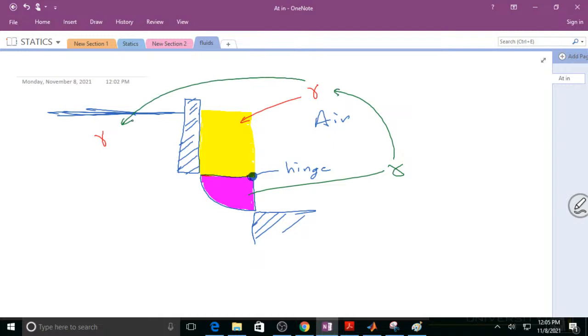So if somehow you could extract instantly the gate and replace it with two funny looking shapes that were solid, that were the yellow here and then I guess that's pink or maybe that's purple, then the gate would be gone.